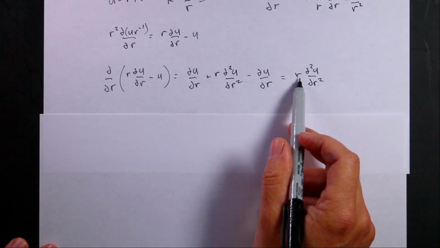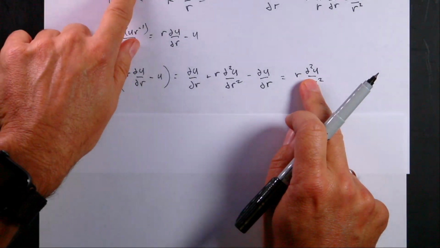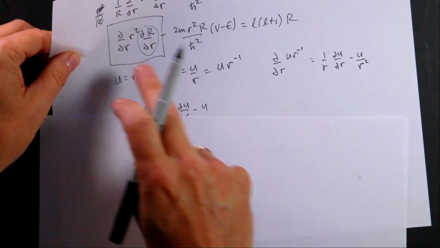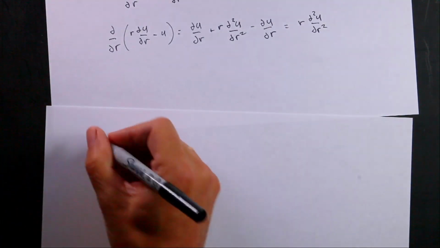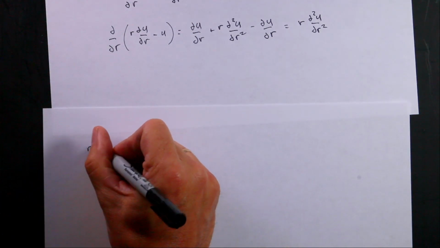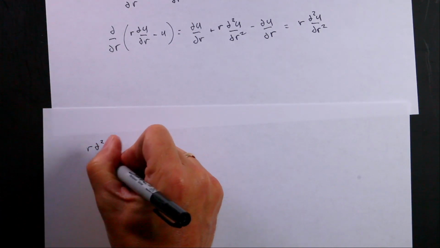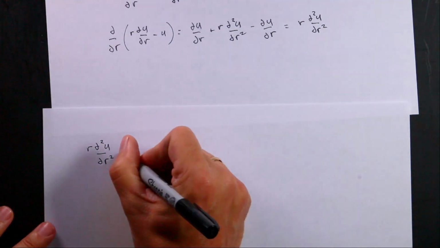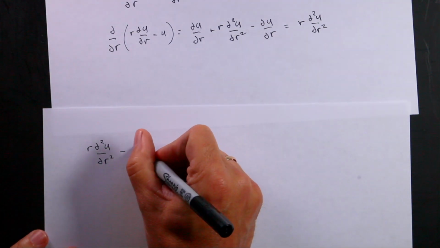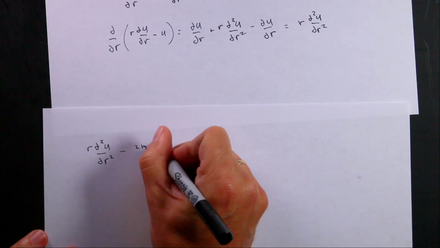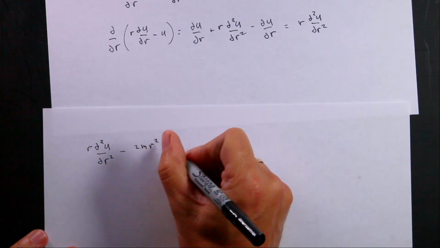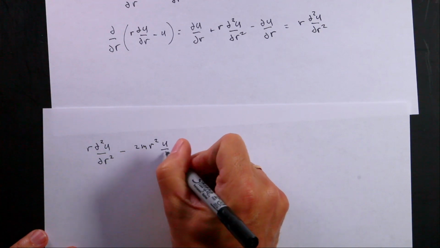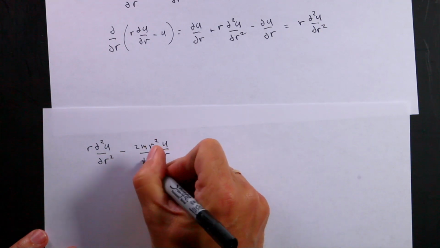So this term goes right here. Oops, you can't see that. This is that term. So I get r times the second partial of u with respect to r. That was that whole term. And then I get minus 2m r squared, and then I have an r, which is u over r, and then over h bar squared.